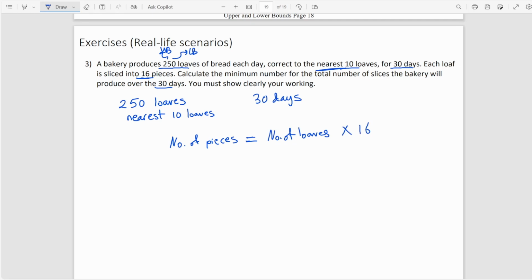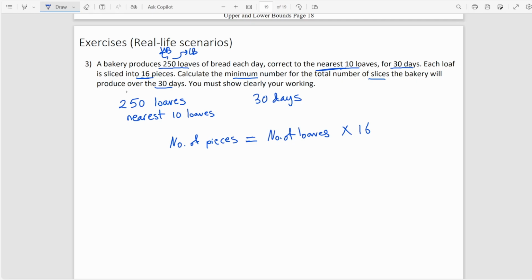If you had 10 loaves, each of them will become 16 pieces. You'll have 160 pieces. We found out by multiplying 10 by 16. Okay. Now, the question is asking for the minimum number of slices or pieces.